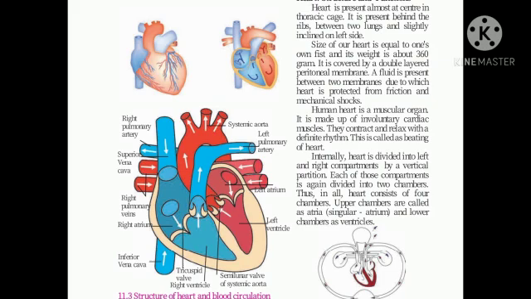Protective fluid is present between the two membranes. Structure: our heart is a muscular organ formed of involuntary cardiac muscle. Four compartments are there, upper and lower. In the upper we will say right and left atria, and lower we will say right and left ventricles.